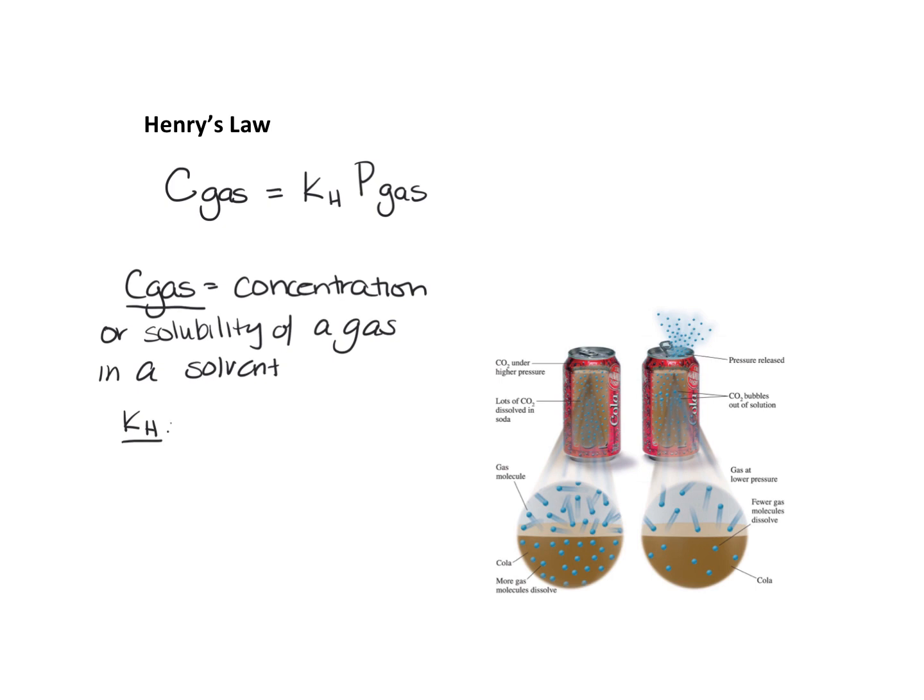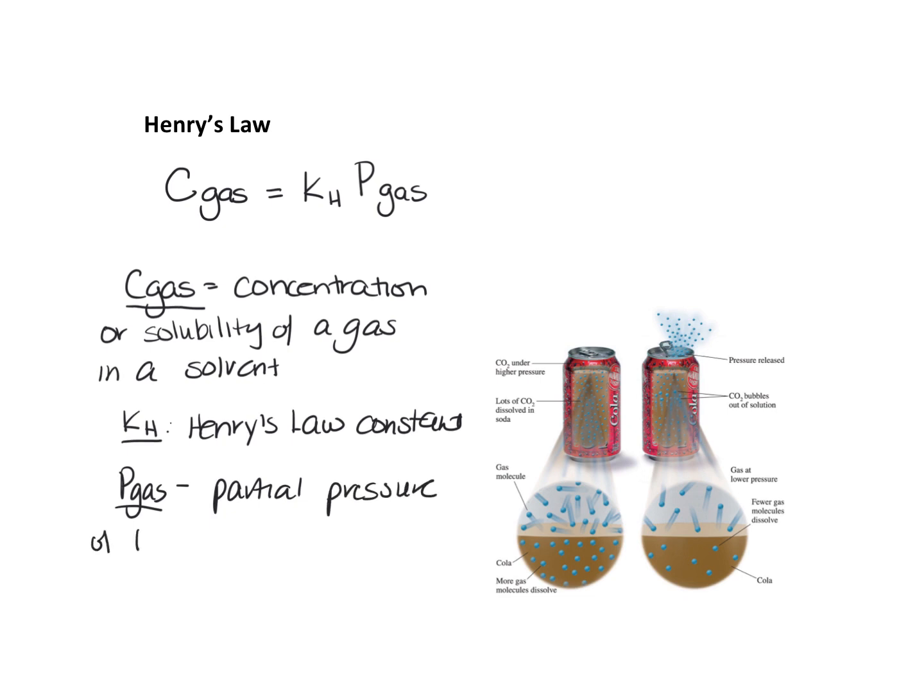KH is just Henry's law constant, right? And that's specific for the gas in that solvent. And then P of the gas is the partial pressure of the gas in the environment surrounding the solvent.